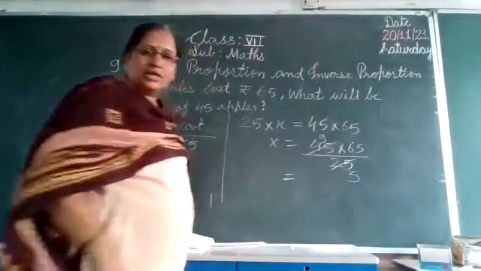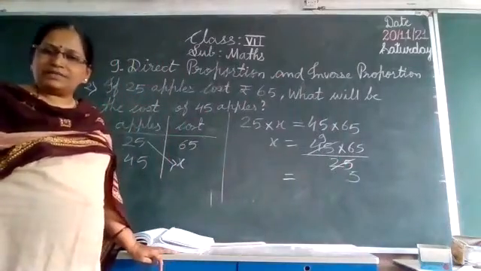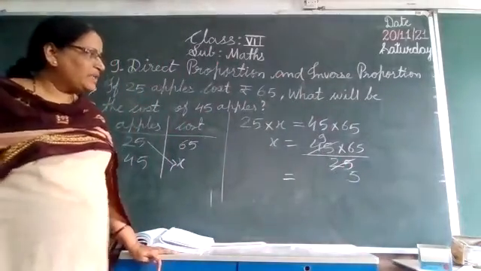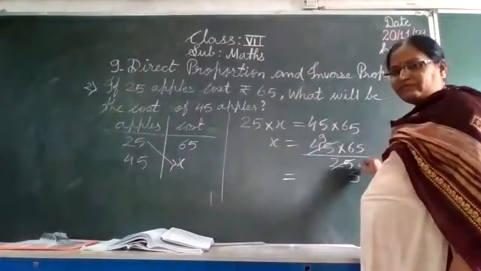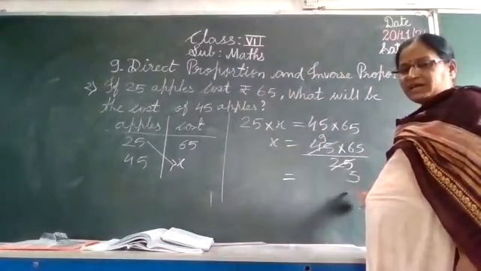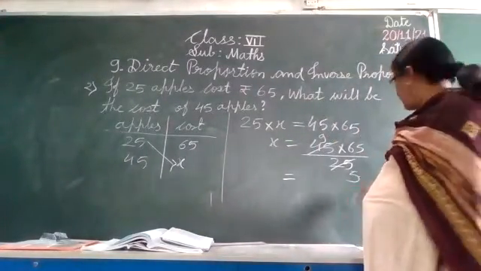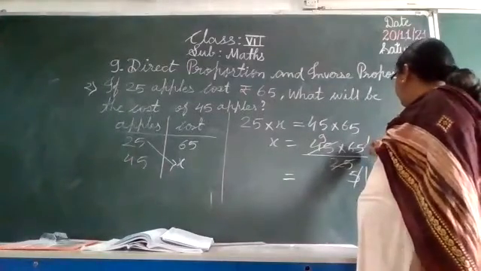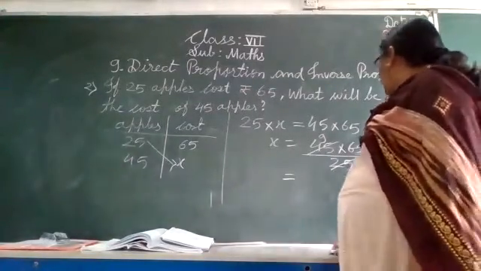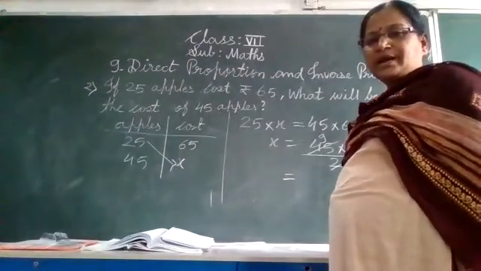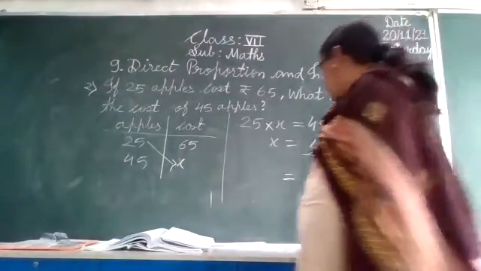Now see, children, numerator has 9 multiplied by 65 and denominator has 5. See here, you can apply the divisibility for 5. 65 has 5 in the unit place and denominator also has 5. So 5 13s are 65. Okay. 9 multiplied by 13.